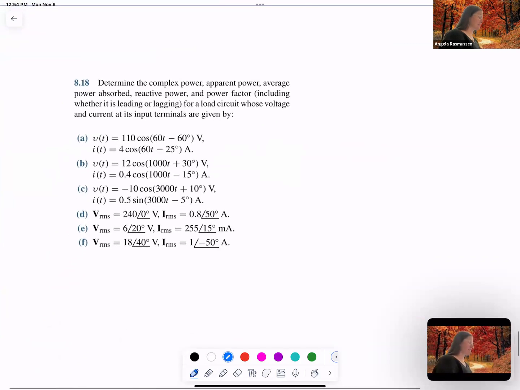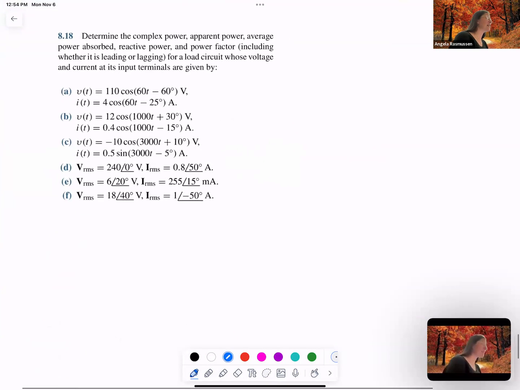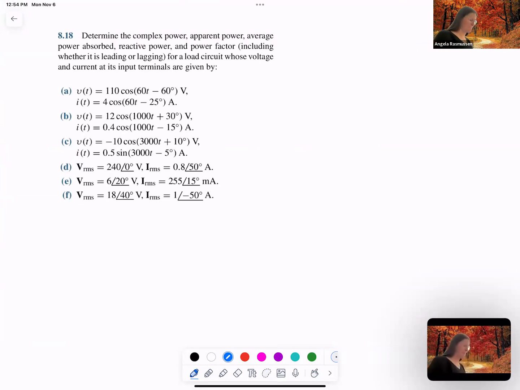All right, so the next thing we need to do is calculate these values. So how do we do this? You're given a voltage signal and a current signal.